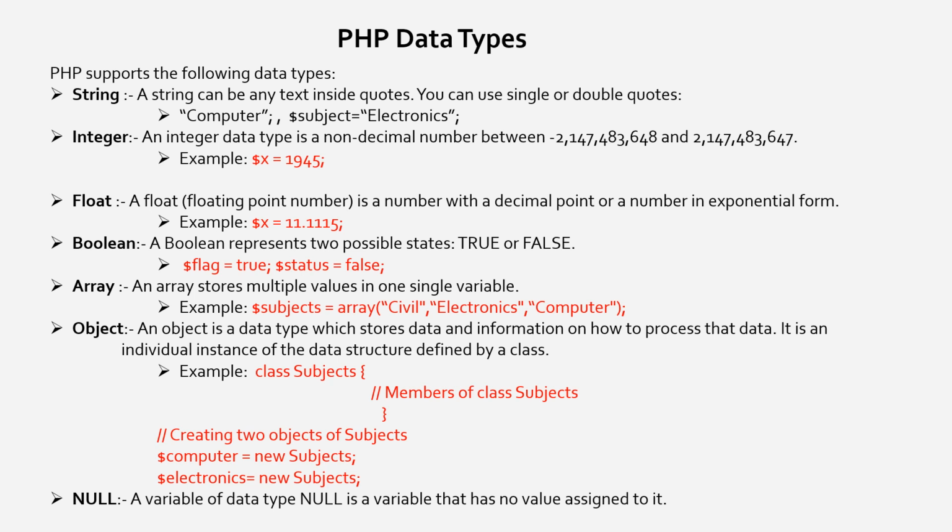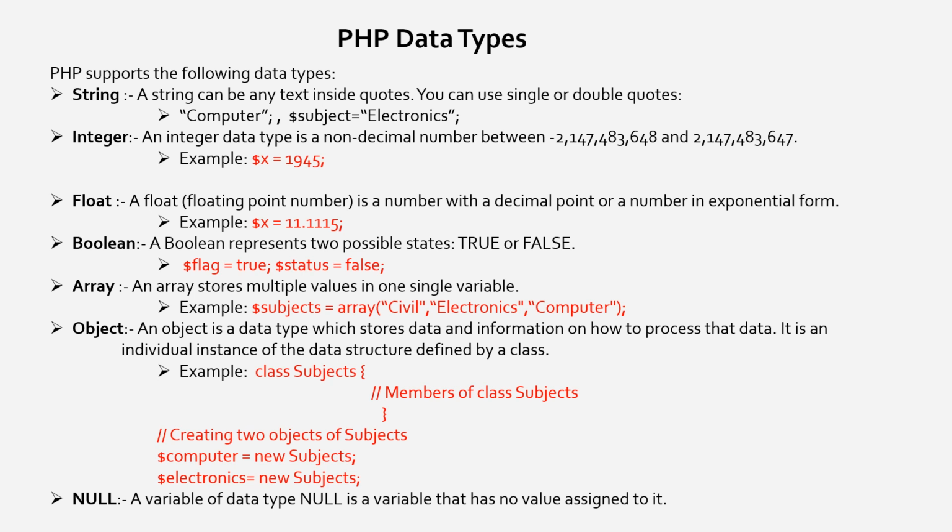Boolean represents two possible values, true or false. $flag equals true is an example. Similarly, another one, $status equals false. Next thing is array. An array stores multiple values in one single variable.